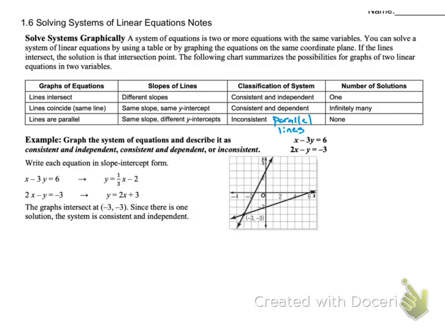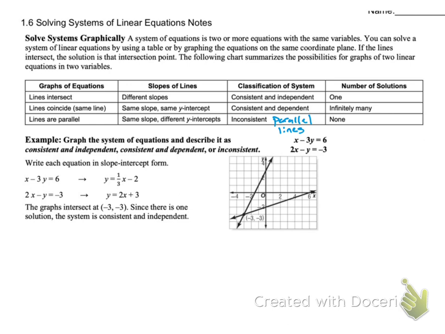So with systems of linear equations, this first part is graphing two lines. They're linear equations, they're lines. We're graphing them and trying to see if there's a point of intersection, like in this first example on the sheet.